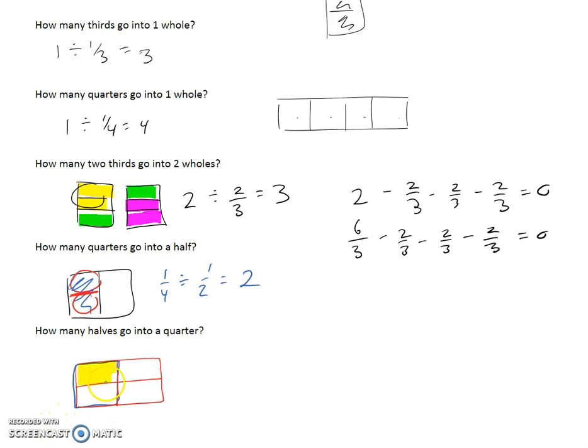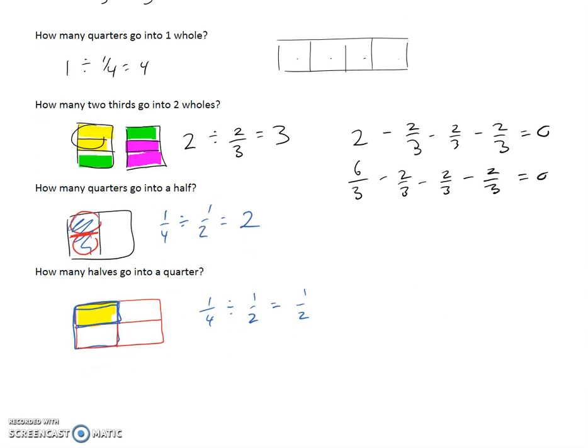Because a half is bigger than a quarter. The answer is actually, well, a half of a half goes into a quarter. So a quarter divided by a half is actually a half. So a half goes into a quarter a half times.